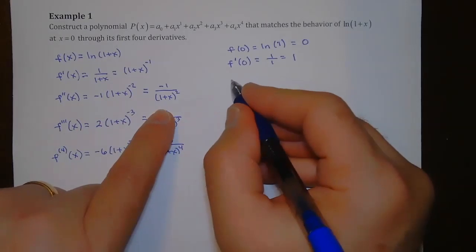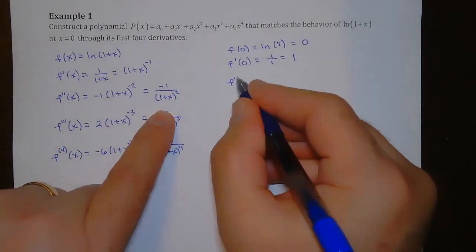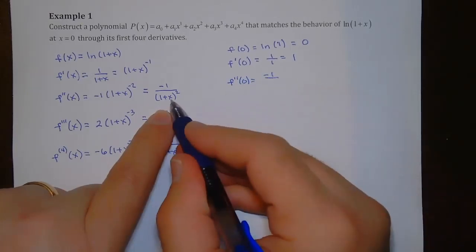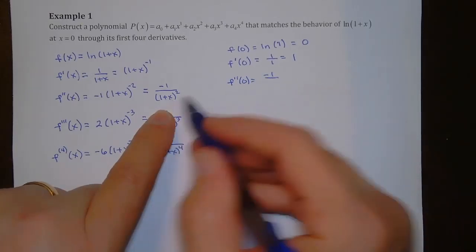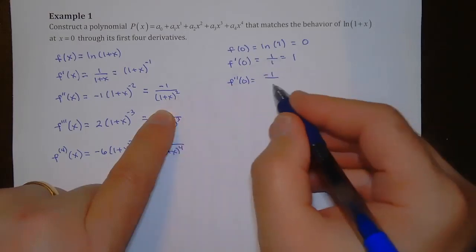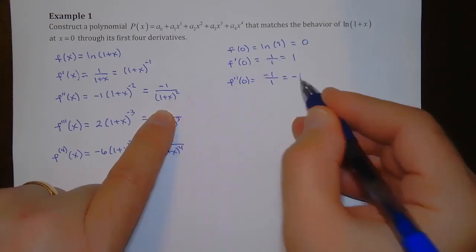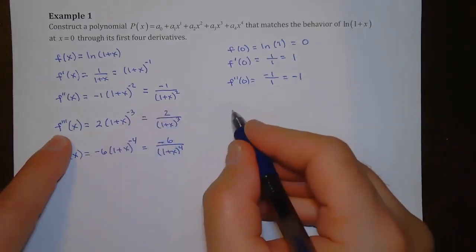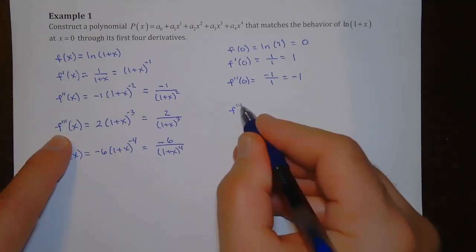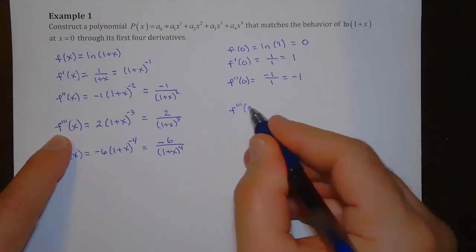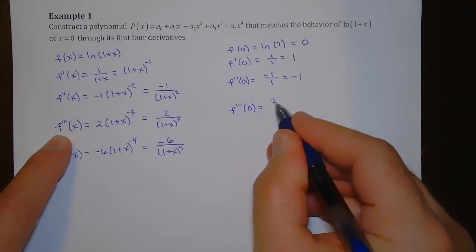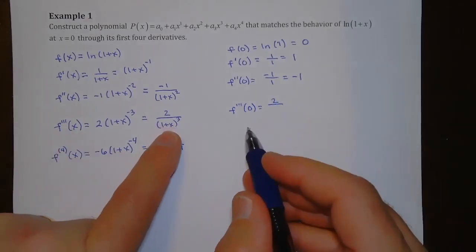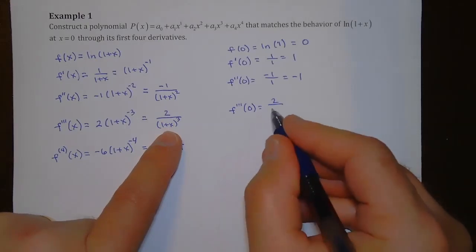So for this one, f double prime of 0 would be -1 over 1 plus 0, so 1 plus 0 is 1, and squared is 1, so this would just turn out to be -1. So the second derivative at 0 is -1. And then f triple prime at 0 would be 2 over 1 plus 0, which is 1, and cubed, which would be 1.